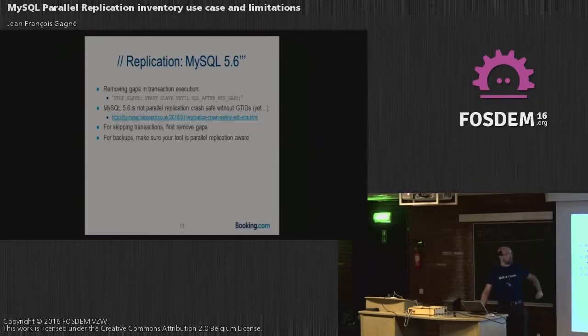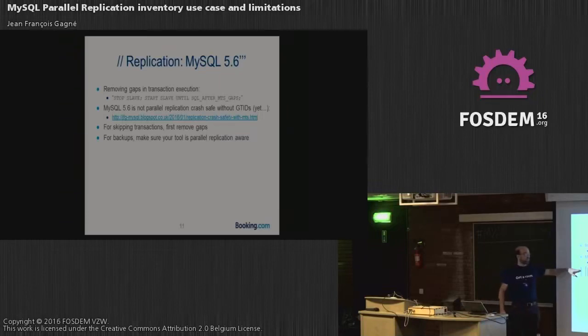So there are some things that we can use in MySQL 5.6 to remove gaps. If you're not using GTID with MySQL 5.6, it might not be crash safe if you're using parallel replication. So it's a very long discussion. Read my blog post from last week about it.